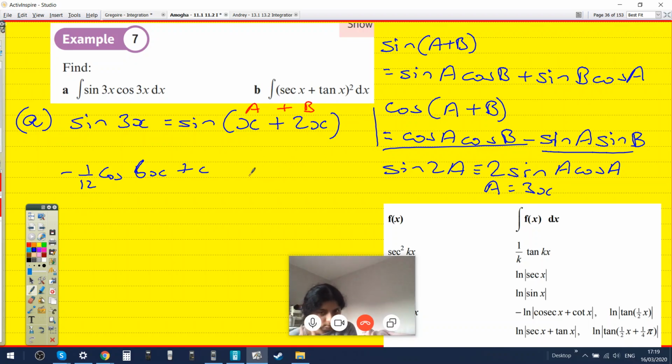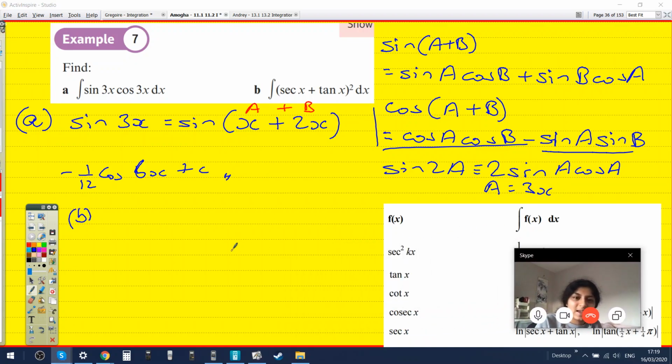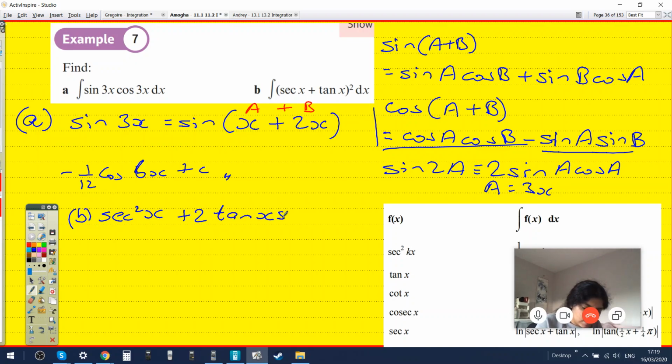Okay, how about question B? I think you'd expand that. I think so as well. Because you would have sec squared x, and then if you expand that, you'd have sec squared x plus 2 tan x sec x plus tan squared x.